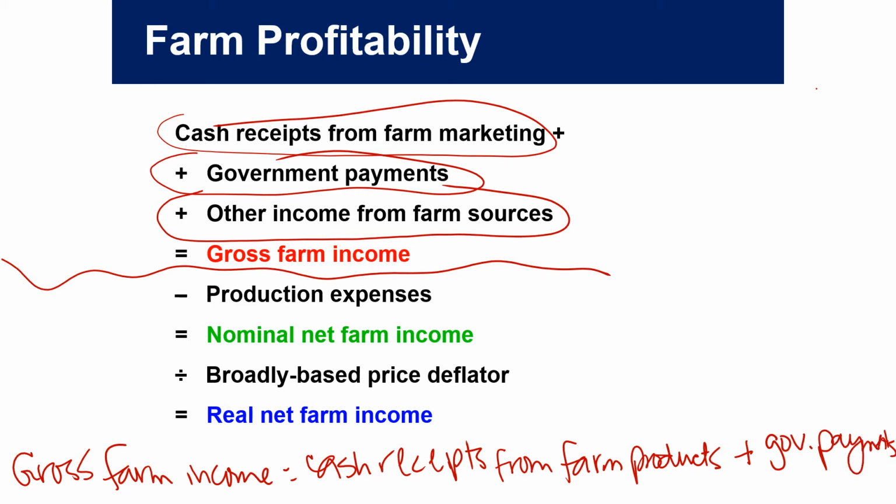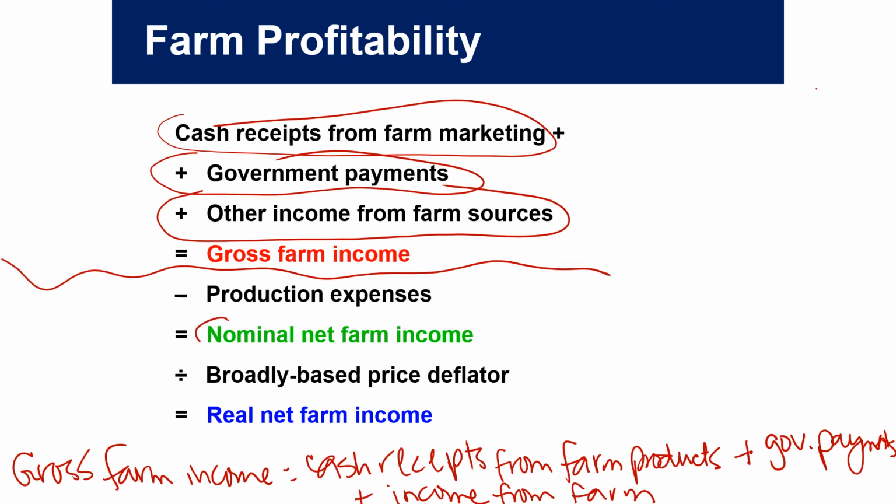Most farmers get government payments of some kind for a variety of reasons, and then plus any other income. Other income from the farm might be that maybe somebody was in need of manure and you sold manure for compost. Maybe you custom chopped or baled some hay for somebody, so you sold those services. So just other things that you made money for. It is going to be your gross farm income.